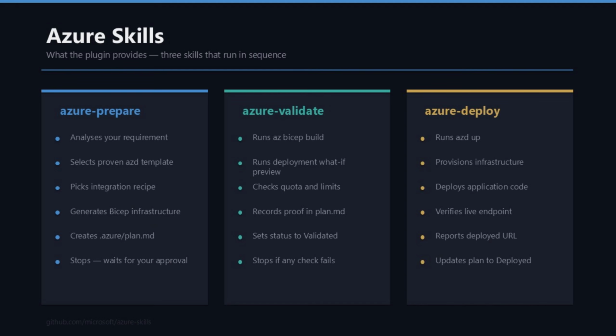Skills are structured workflows that guide Copilot on how to handle Azure tasks properly. Instead of guessing, it follows a fixed sequence, and there are three main skills, and they run one after another. The first one is Azure Prepare. This step analyzes your requirement and your code. It decides what Azure services are needed, selects an approved template, and generates the infrastructure file.